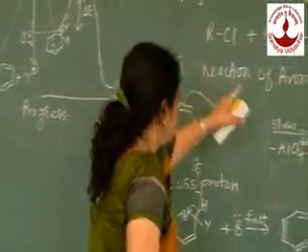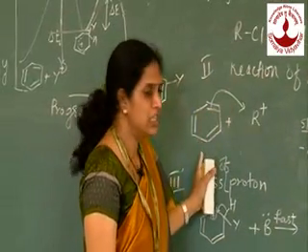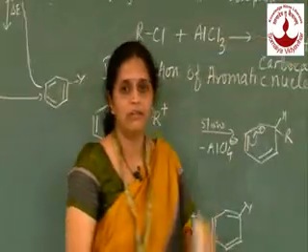Once an alkyl benzene molecule is formed, that will react with the carbocation rather than the unsubstituted benzene ring reacting with the carbocation. Therefore, there is a problem of polyalkylation.